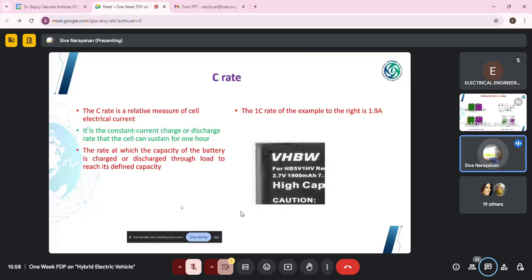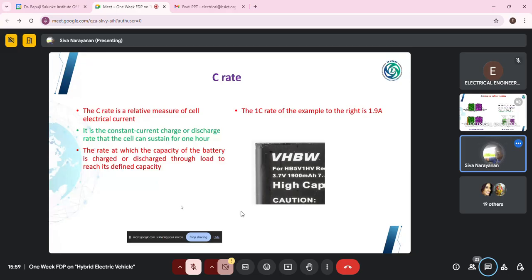In the battery shown in this figure, it is 1900 milliampere hour. When you convert it to ampere hour, it is just 1.9 ampere hour. So what is the current value you are getting? 1.9 amps. Generally C rate tells that the safe operating limit is 1.9 amps for this battery.